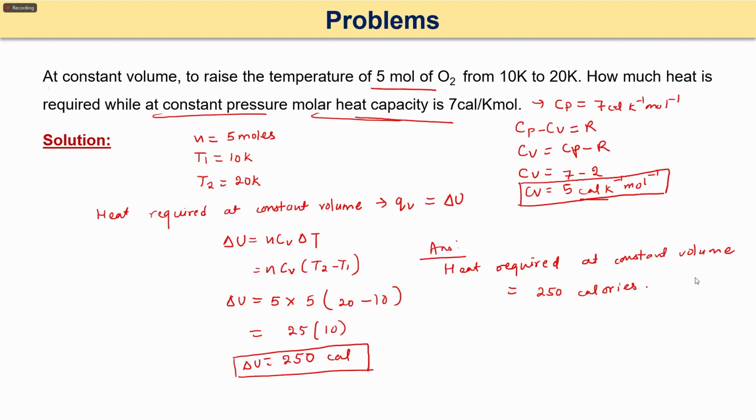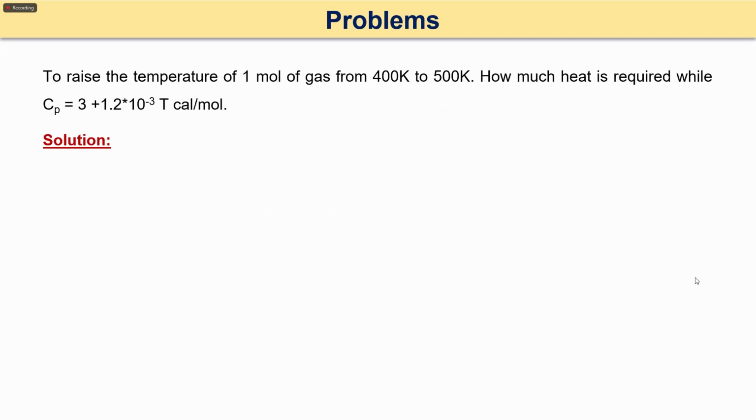Now let us move to the next. Here again, we have been asked to calculate the heat. In order to raise the temperature of 1 mole of gas, here n is equal to 1 mole, from 400 Kelvin to 500.